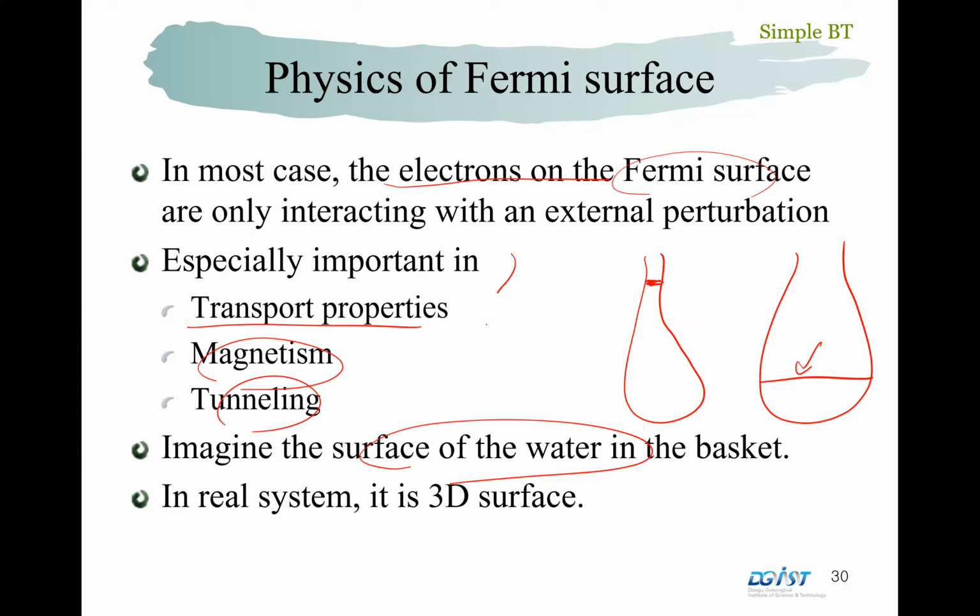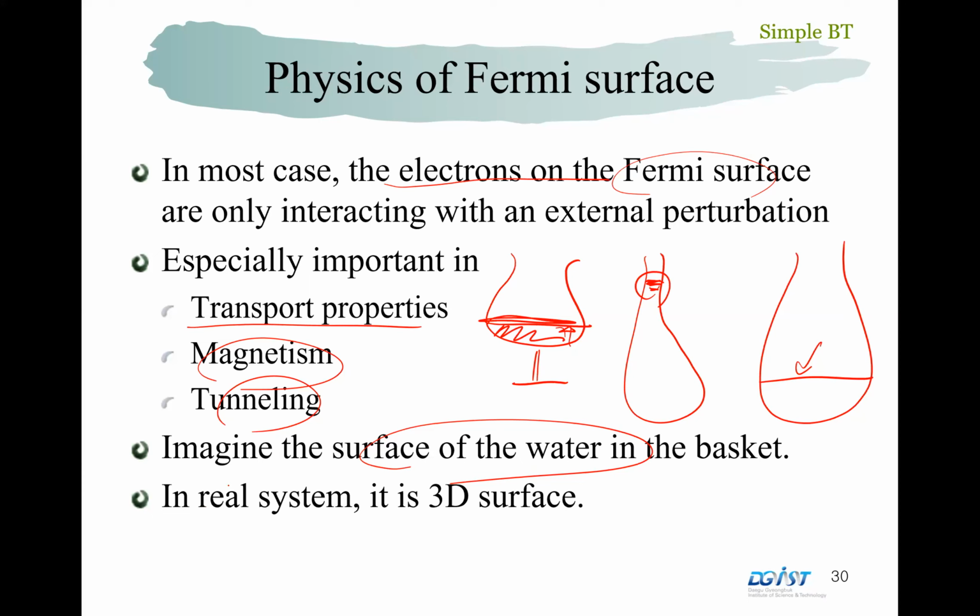In a wine glass, usually people fill the wine to this height. The reason is they want to maximize the surface of the wine interacting with the air to make a better taste. If you make a small surface area, the interaction of this liquid with the air is very small, right?